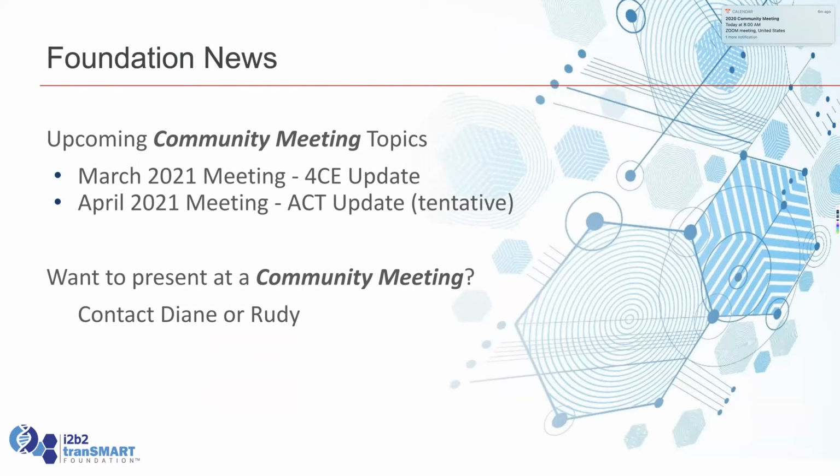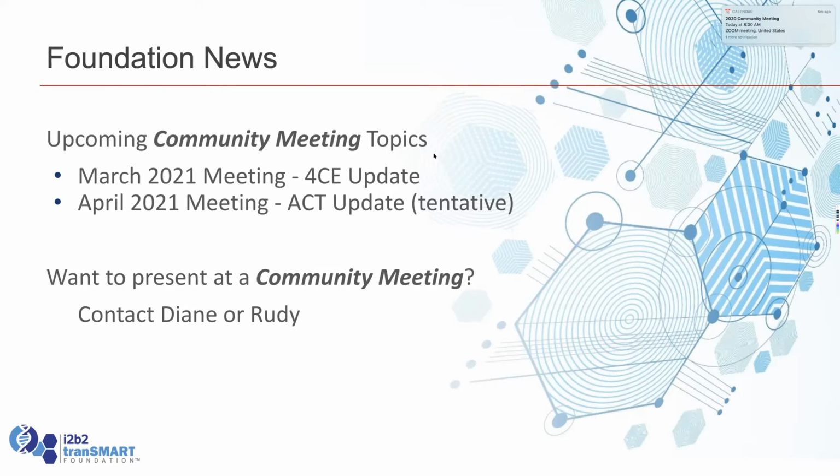Just wanted to mention our upcoming meetings. We've already identified a couple of topics for the next two community meetings. In March, the 4C will give us an update on where the project is and how things are going. In April, ACT will give us an update on where things stand there.